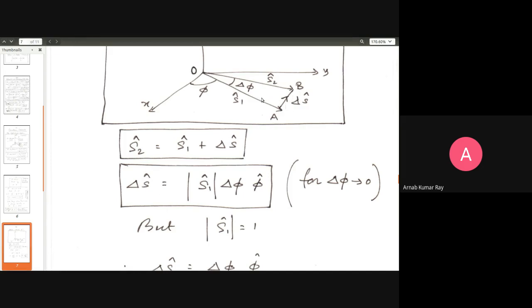As delta phi goes to 0, this straight length AB will get closer and closer to the arc length AB. Now, I hope you are aware of a school trigonometric formula that the arc length is equal to the radial length multiplied by the angle through which the arc has been swept out.